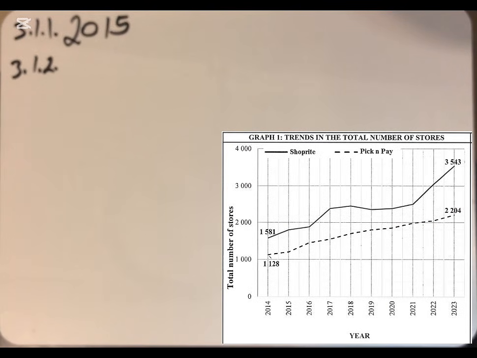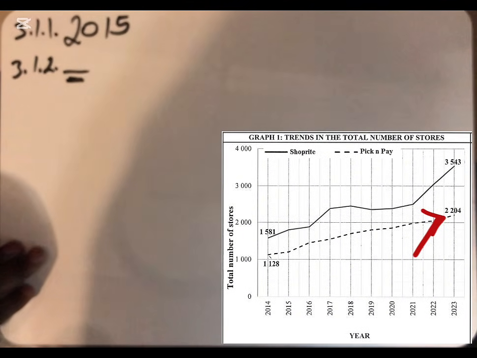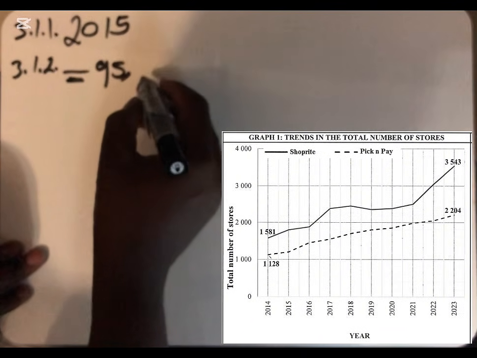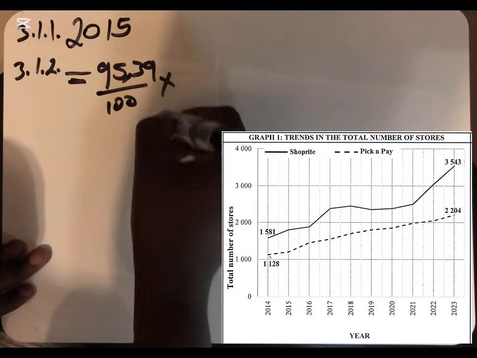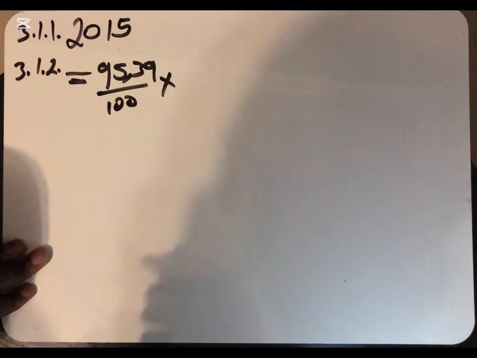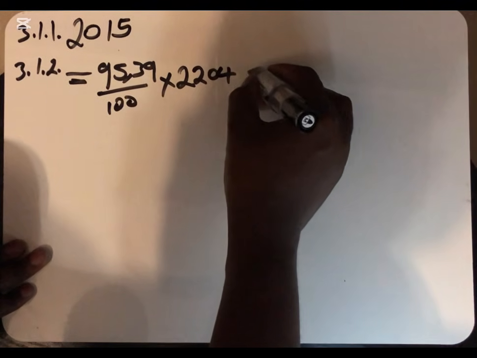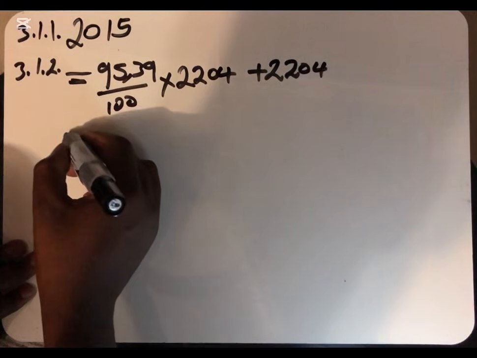So currently in 2023, we're having 2,204 stores. So let's increase them by this percentage that they've given us: 95.39 over 100 multiplied by the number of stores, which is 2,204, plus 2,204.